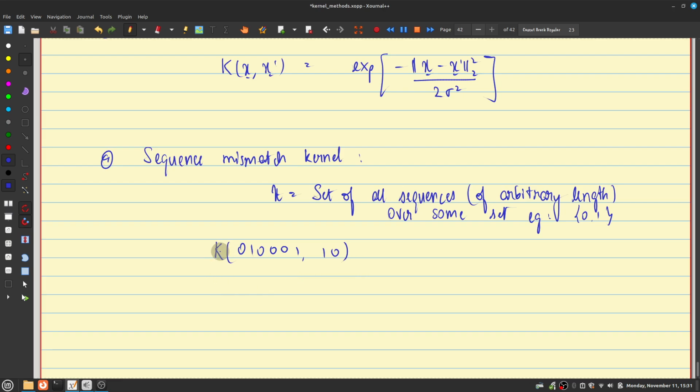So the sequence mismatch kernel basically outputs the number of common subsequences between x and x prime.